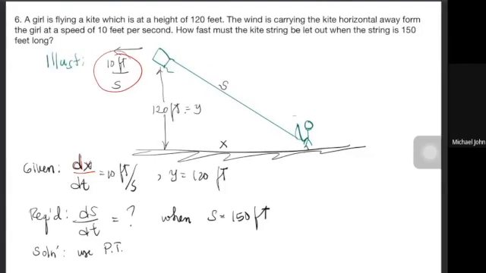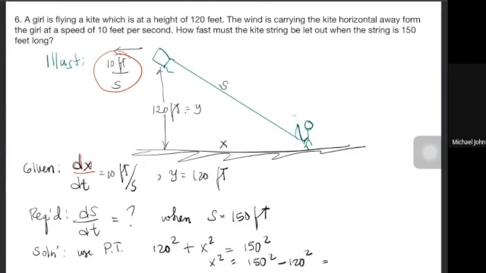In this case, we have 120 squared plus x squared equals 150 squared. Alright? And you can solve for x. x therefore is equal to the square root of 150 squared minus 120 squared.